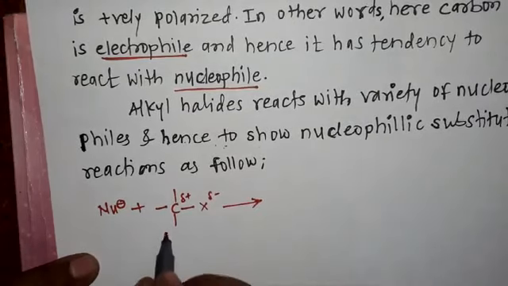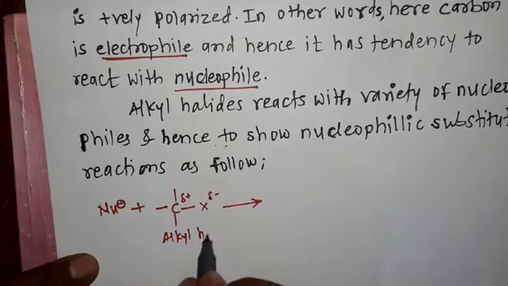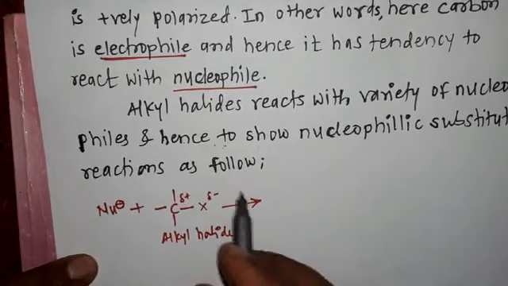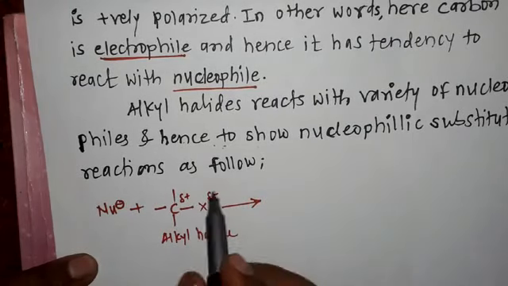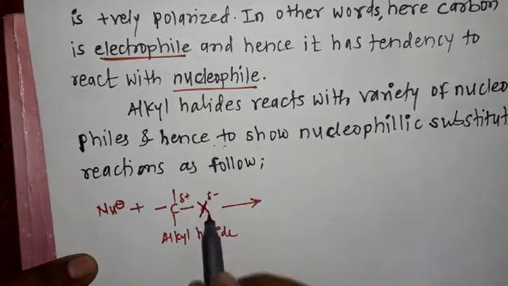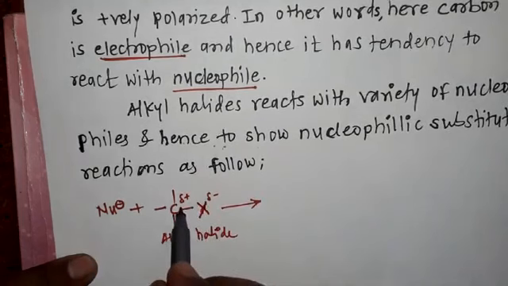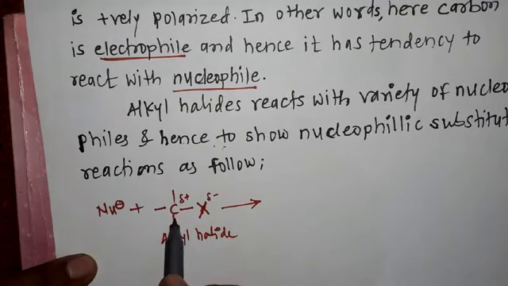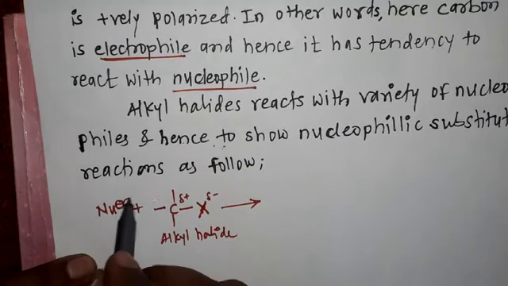Here this is alkyl halide. Here this carbon carries delta positive and the halide carries delta negative. Hence this carbon becomes more electron deficient, or electrophilic, and it accepts an electron pair from any type of nucleophile.